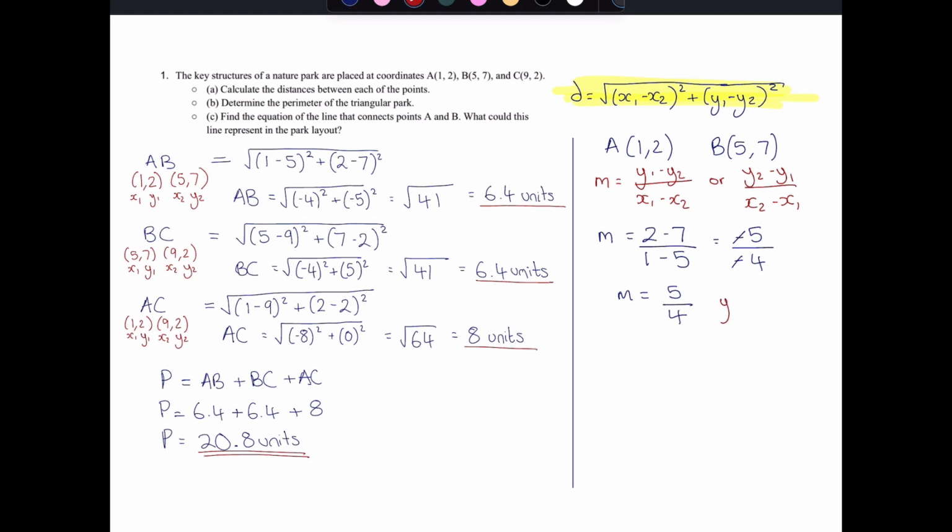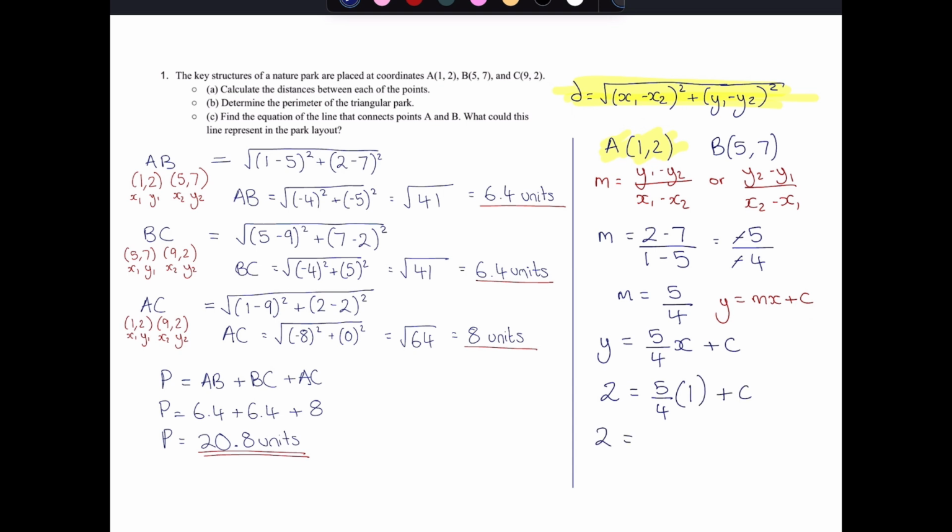Now what I need to do is substitute in to the equation of a line. Okay, and I'm going to pick one of the coordinates to use as well as my gradient. So far I've got y is equal to 5 over 4x plus c. Okay, so I'm going to use my A coordinate here and substitute that in. So y is 2, 5 over 4x is 1, and then we have plus c.